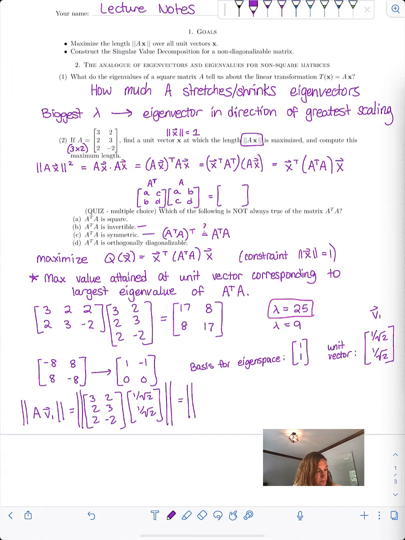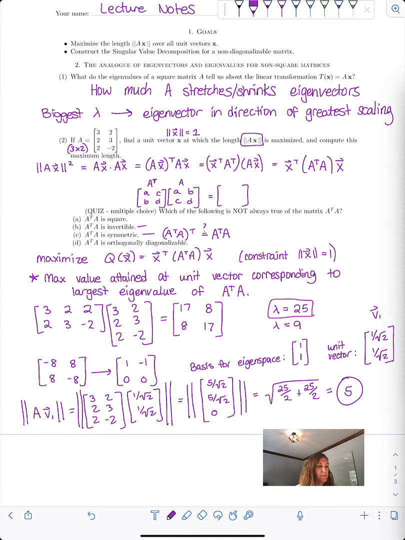When we do this multiplication, we get a 3 by 1 vector: 5 over root 2, 5 over root 2, and 2 minus 2, so we get 0 over root 2. The length of that is the square root of 25 halves plus 25 halves, which equals 5. So 5 is the maximal length of AX when X is restricted to be a unit vector.